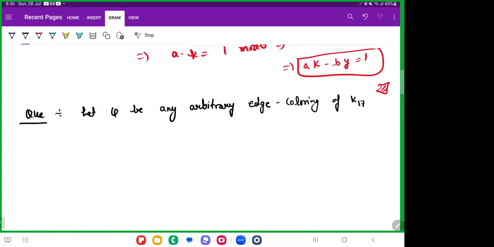K17 colored by three colors: red, blue, and green.